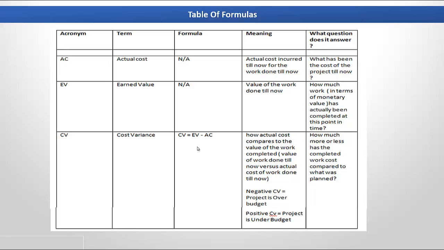So what it would mean is that the value of actual cost is bigger than the earned value. This would mean that the cost variance is negative, and it would mean that the project is over budget. This is because the actual costs which have been incurred on the project are greater than the value of the work that has been done up until that point in time.